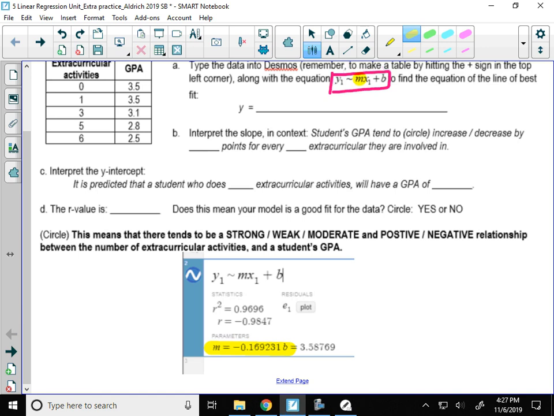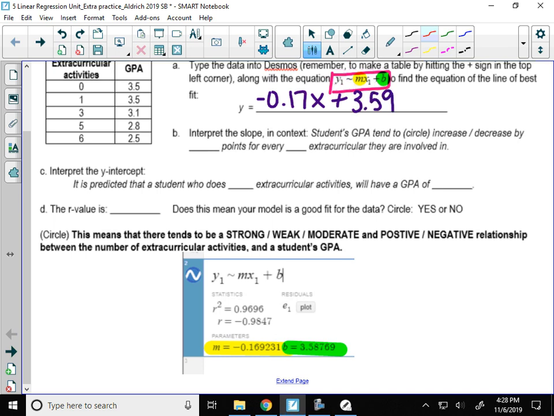That goes first. m, I'm going to write as negative 0.17. And then I come in x. So I just have to put x. I don't have to put x1. And then I do my b, my y-intercept, which is right here. Right? That comes plus b. That is a positive number, so I'll do plus 3.59. I'll go to 2 decimal places.